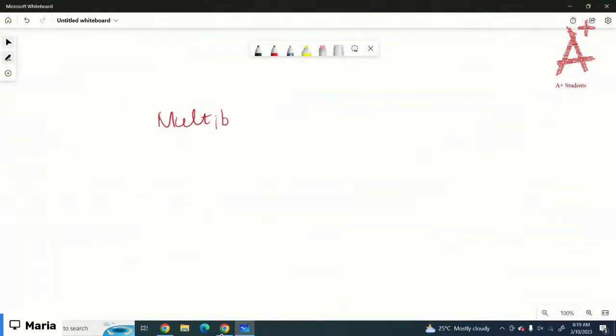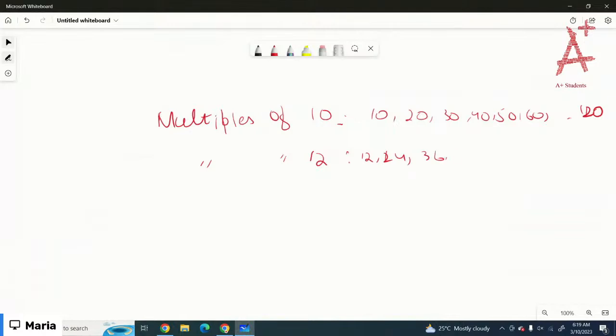Multiples of 10 and multiples of 12. 10 times 1 is 10, 20, 30, 40, 50, 60, and so on. 12 times 1 is 12, 2 is 24, 3 is 36, 4 is 48, 5 is 60 and so on. So the least common multiple between 10 and 12 is 120.